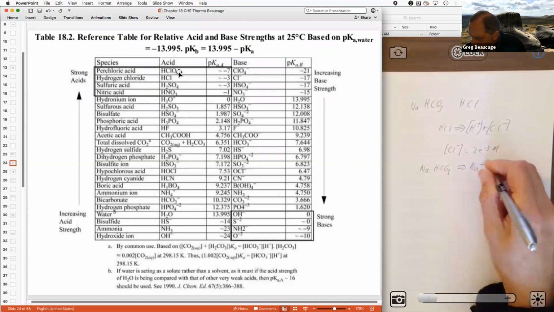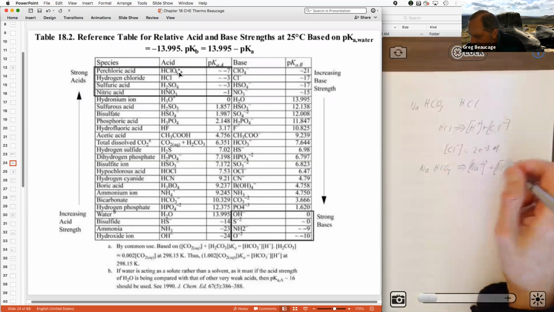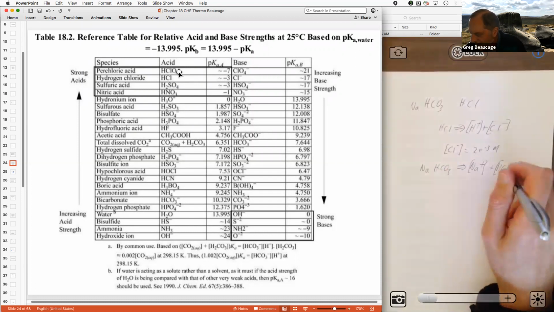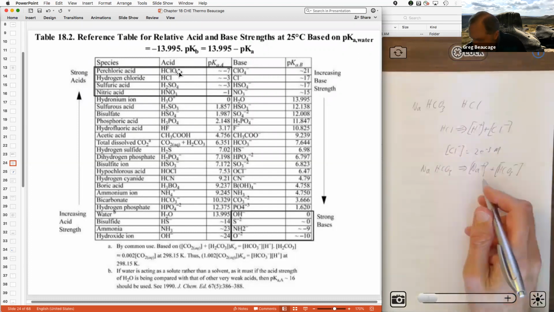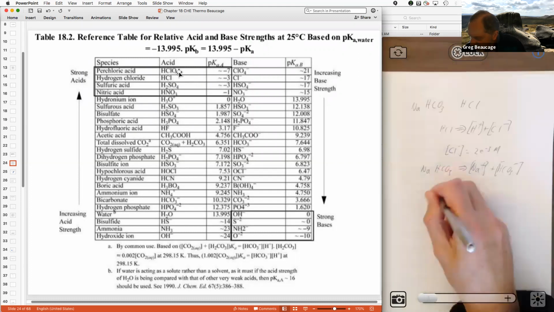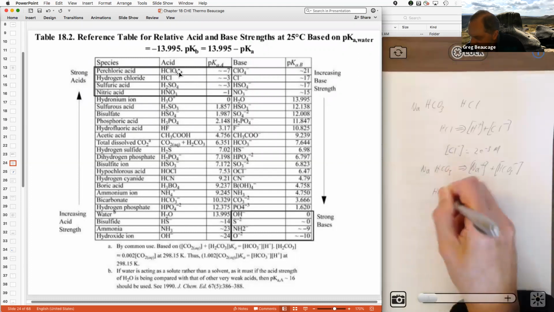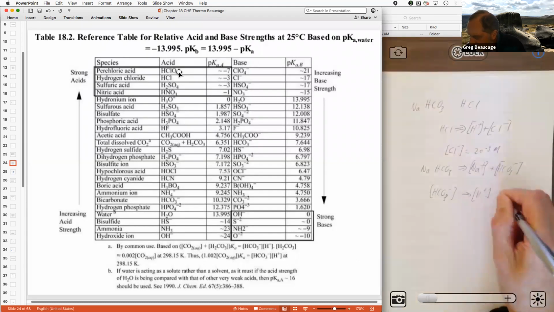This is going to have a lot more components, because this is the same thing as carbon dioxide dissolving in water, and then there's a whole series of reactions that happen. So this HCO3 minus can dissociate into H plus and CO3 minus 2.